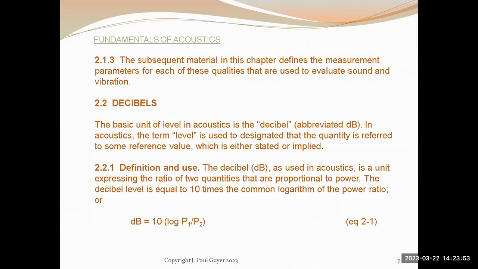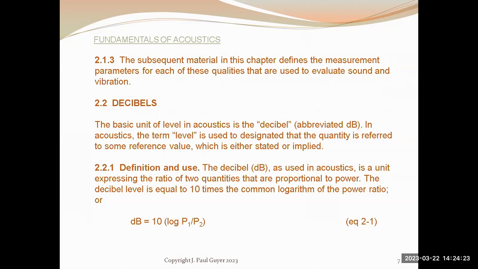P2 is a reference sound pressure. And what it is, and this has been established in the engineering of acoustic systems over many decades, P2 is that sound pressure which can just barely be perceived by the young human ear.